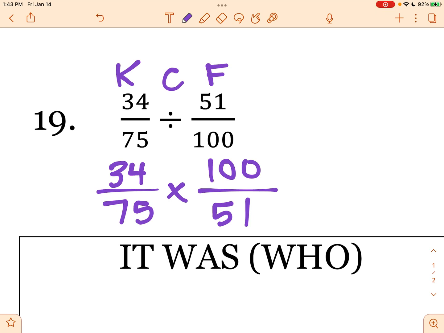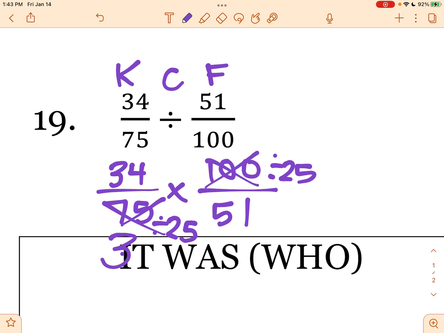Alright, so now what we need to do is multiply, but I'm going to make this easier on you. We're going to simplify before we multiply. So we have 75 and we have 100. We could divide both of those numbers by 25. 75 divided by 25 gives you 3, and 100 divided by 25 gives you 4.